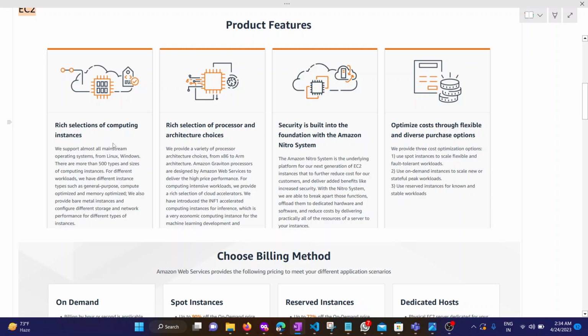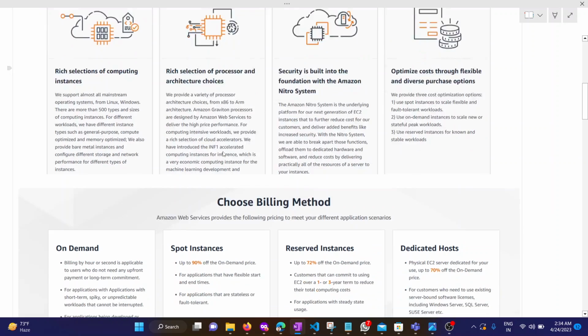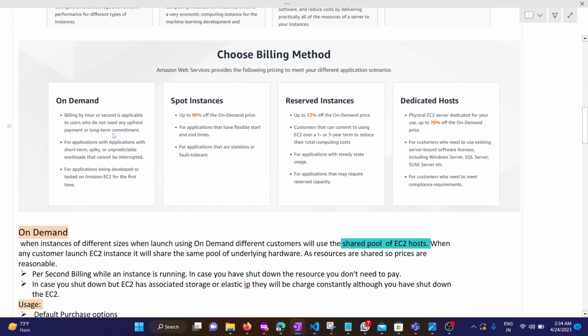These are the selection of computing instances, the selection of processors and architecture choices, security built into the foundation with the Amazon Nitro system, optimized cost. These are the basics. The main part is this one: on demand, spot instance, reserved instance, dedicated host. These are the four types. Today we will study on demand and spot instances.